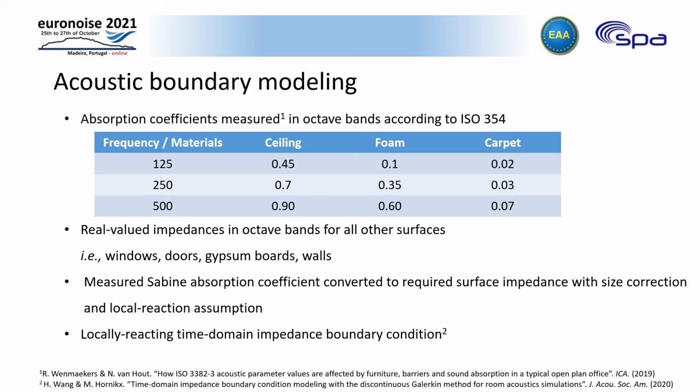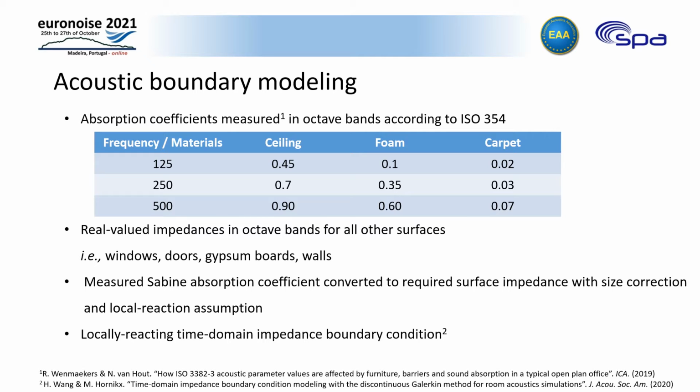It should be noted that the measured Sabine absorption coefficients are energy parameters that do not carry phase information. However, for wave-based simulations, the complex valued surface impedance or complex reflection coefficients are needed for the boundary modeling. Furthermore, there are infinite number of surface impedances that yield the same absorption coefficient.